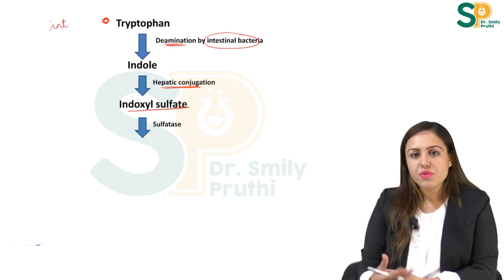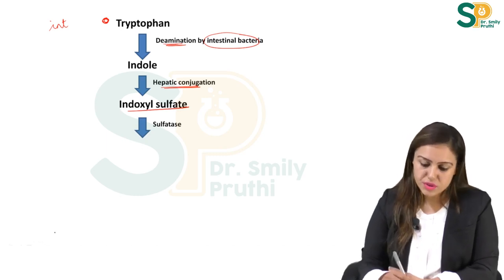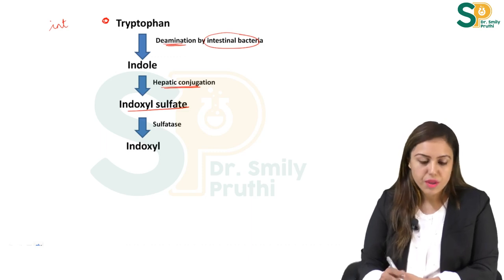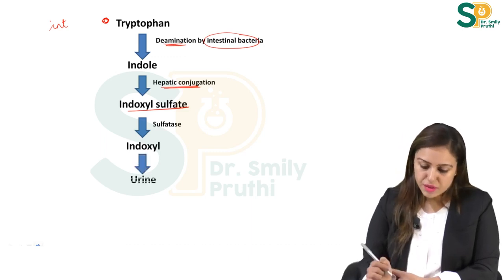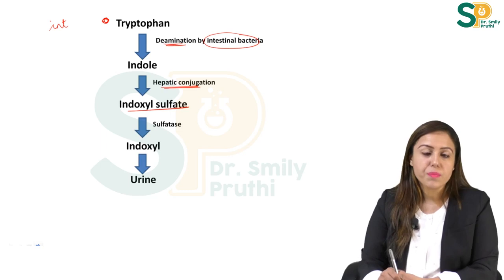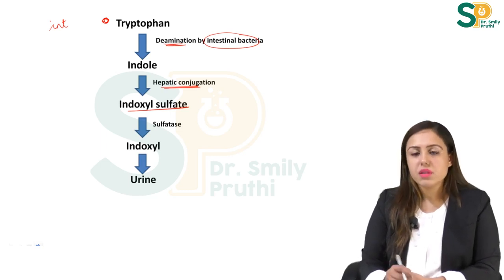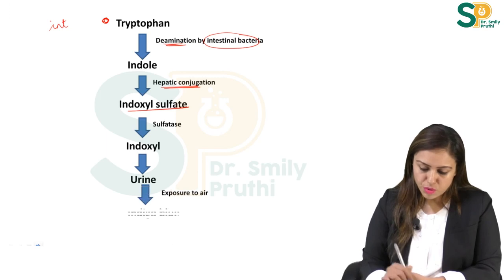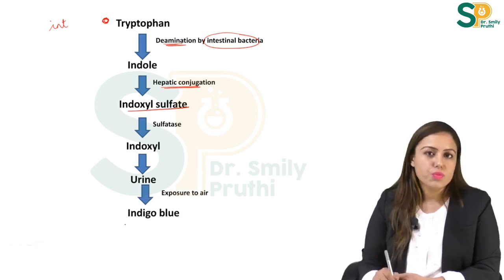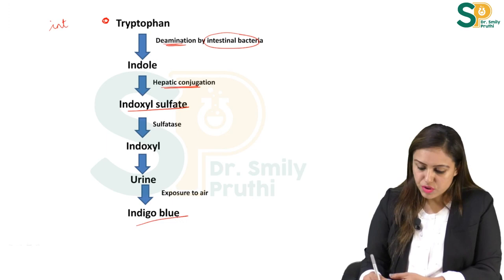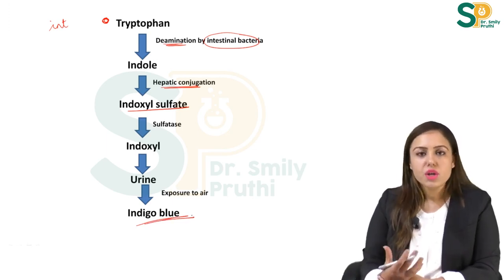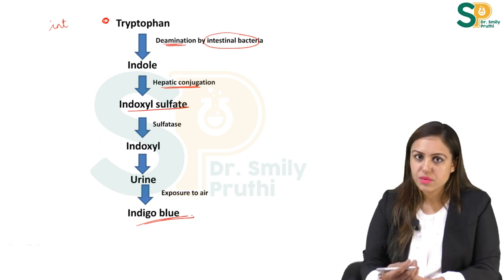Then sulfatase enzyme will remove this sulfate and there will be formation of indoxyl, which will be excreted in urine, right. And now on exposure to air, it will be converted to indigo blue, which is the basis for the blue or violet colored urine indican test, right.